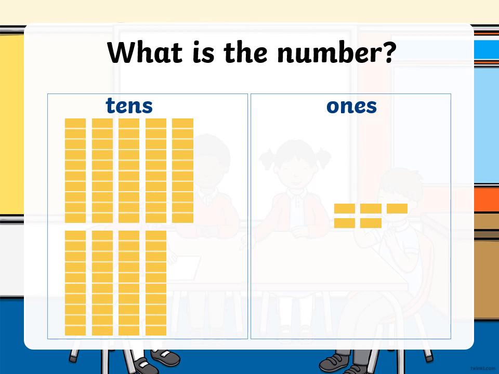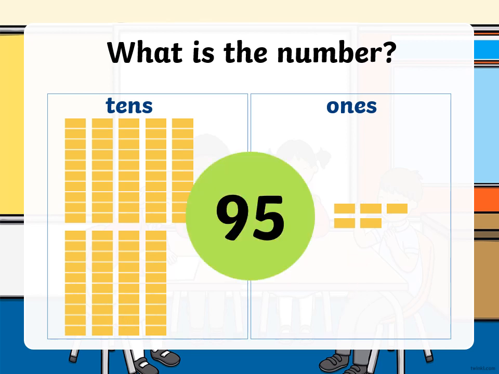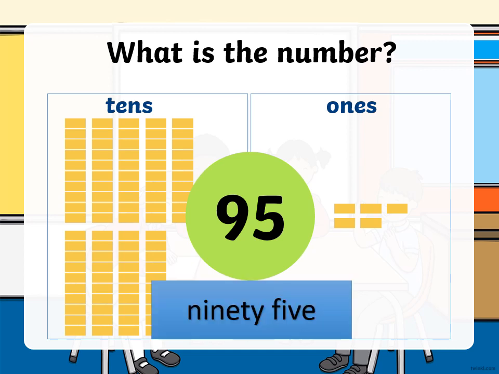Okay, now let's do it together. 10, 20, 30, 40, 50, 60, 70, 80, 90. And how many ones did we have? 1, 2, 3, 4, 5. So we've got 95. Let's check our answer. 95 and 95 in words.